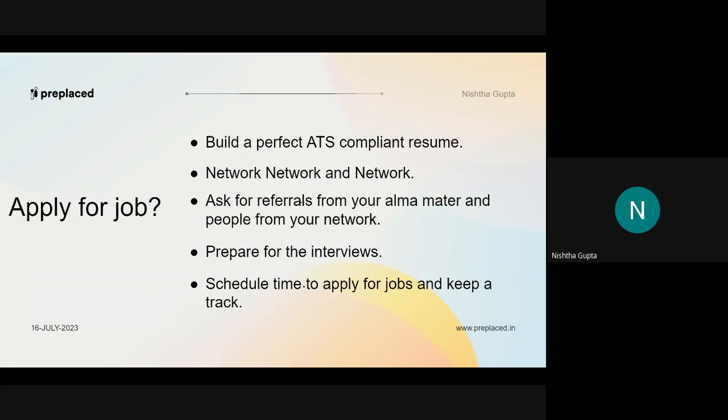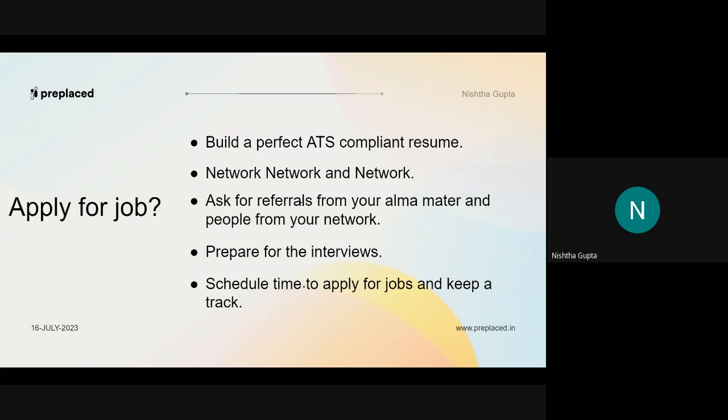Next is to schedule time to apply for jobs and keep track. I have seen most people, because they are not getting a job, apply for jobs 24/7, right? If you are just applying for jobs, how can you prepare for your interviews, right? And they would have applied to so many companies that they would have lost track of which companies they applied to.